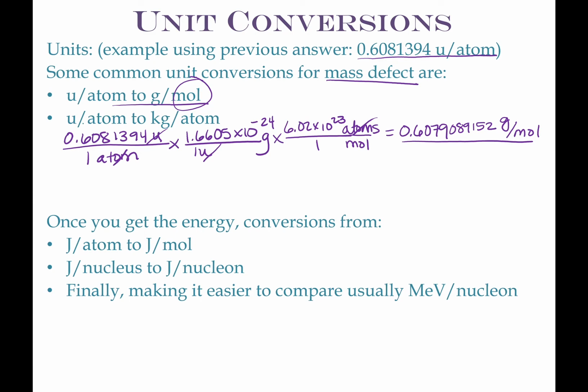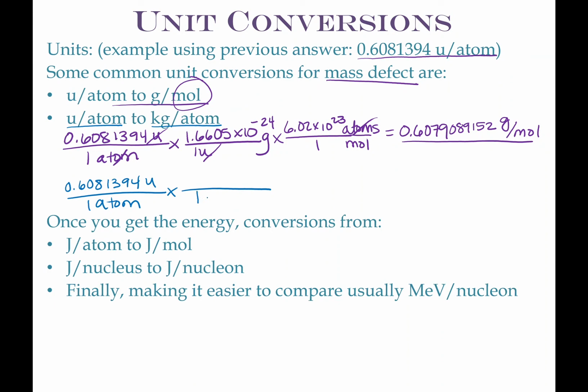What if I want to go from U per atom to kilograms per atom? 0.60081394 U per atom. So we're starting in this same spot that we left off in on the last slide. These are just unit conversions.